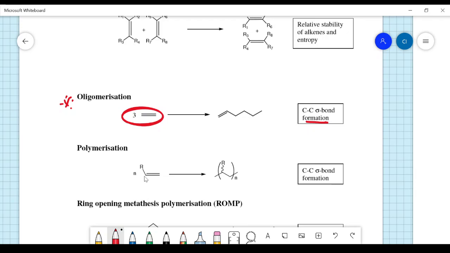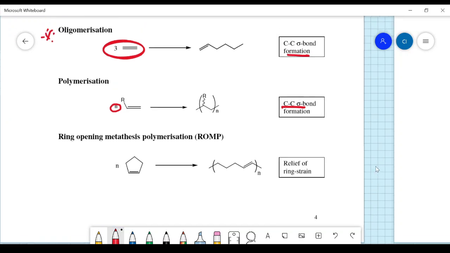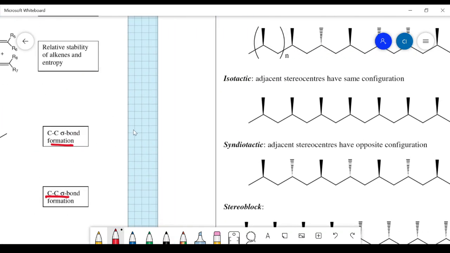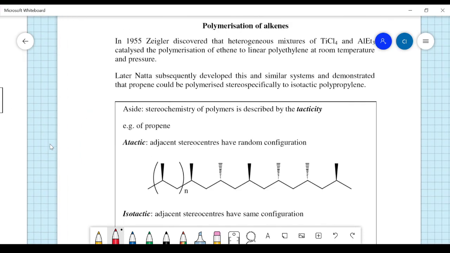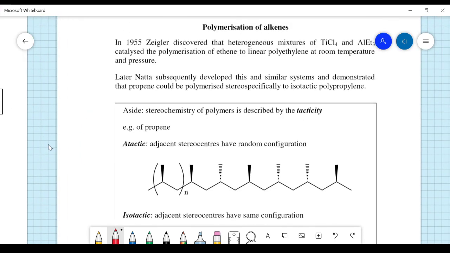So look at what is happening in the polymerization. You have got n times that alkyl group getting repeated, and there also is a C-C bond formation. Of course, we are not going to look into the ring opening metathesis. So I'm just briefly telling you about the inorganic polymers, how they are useful.